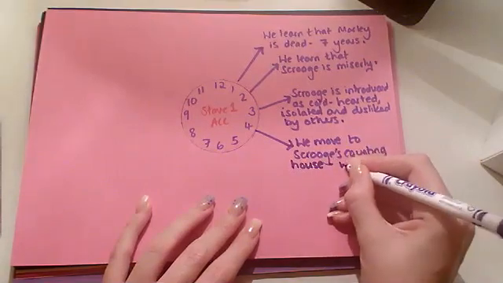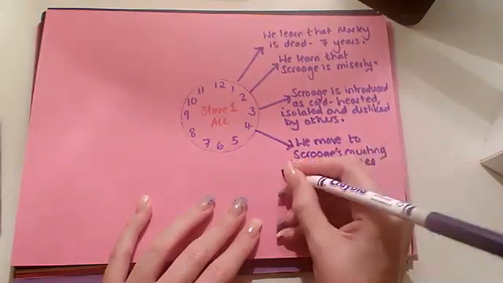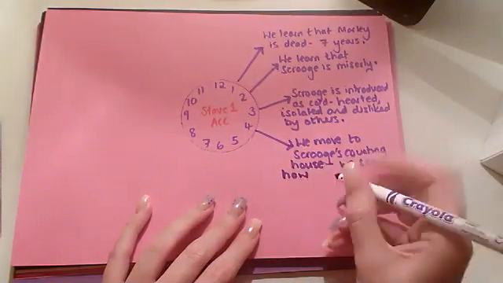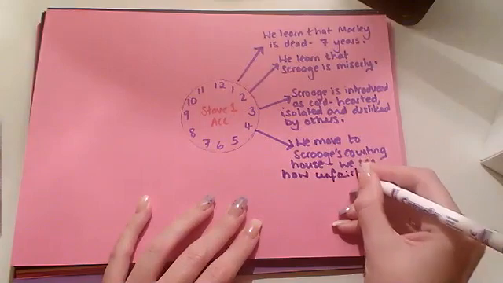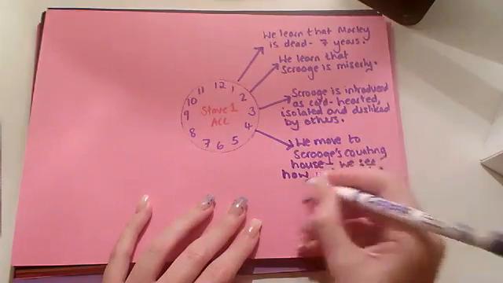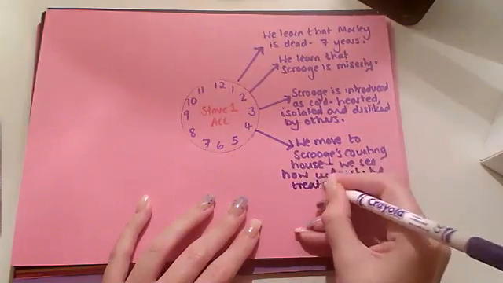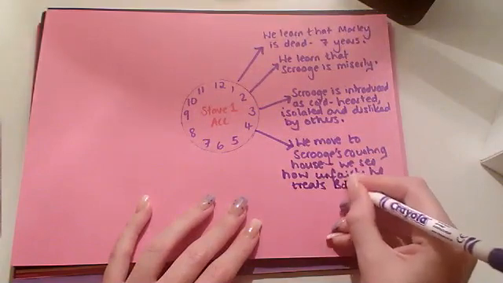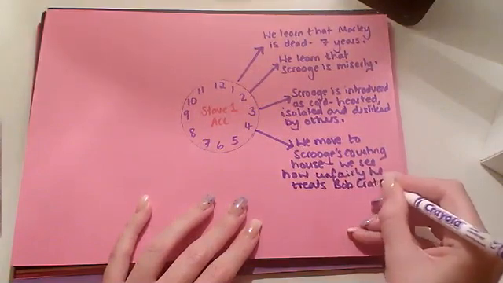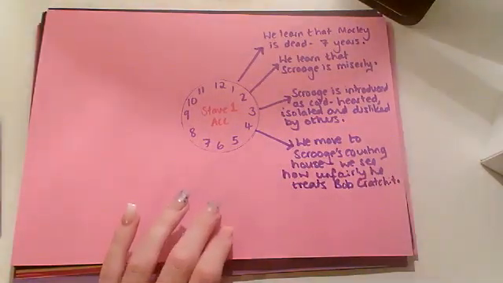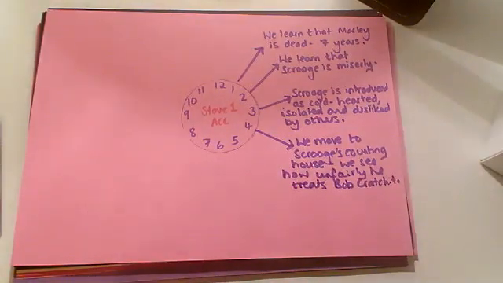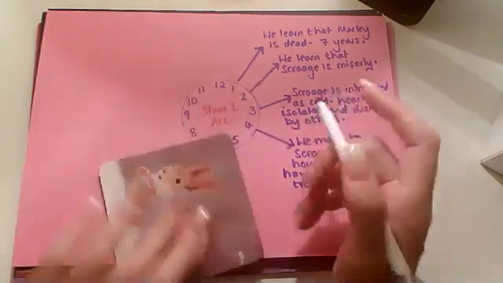Okay, we see how unfairly he treats Bob Cratchit, his clerk. So that's the fourth point where we get to Scrooge's counting house and we learn how unfairly he treats Bob Cratchit. So we're getting a sense of what sort of employer Scrooge is.